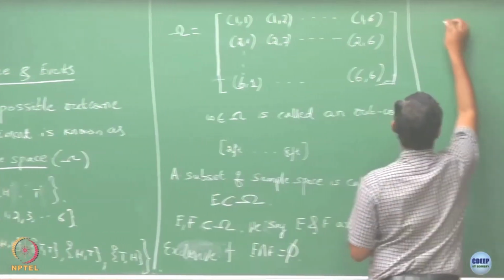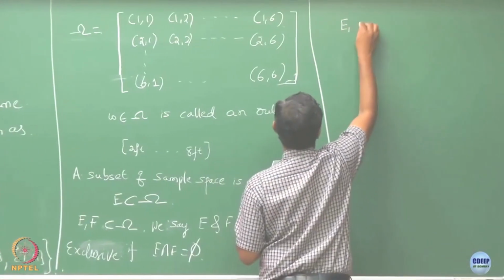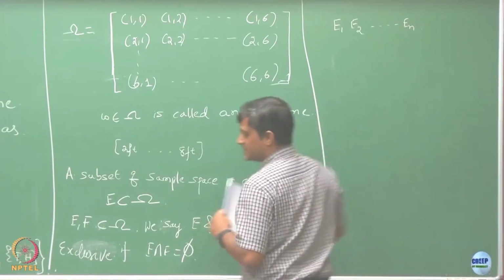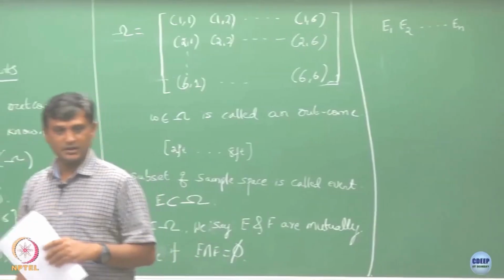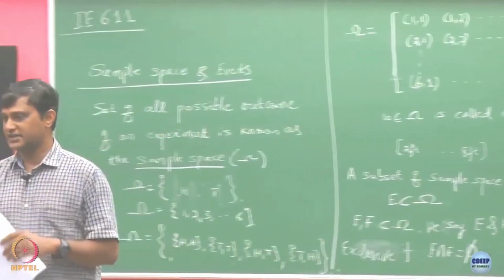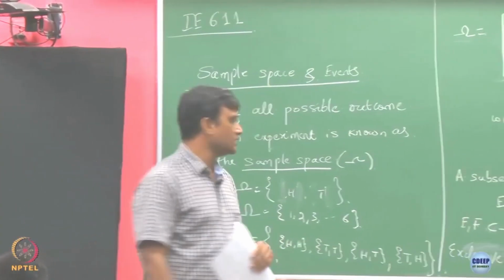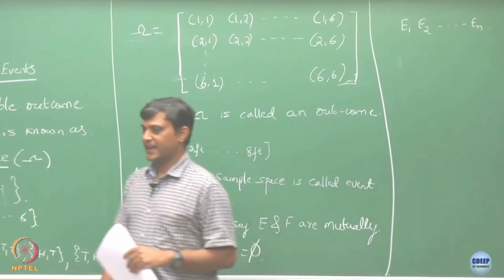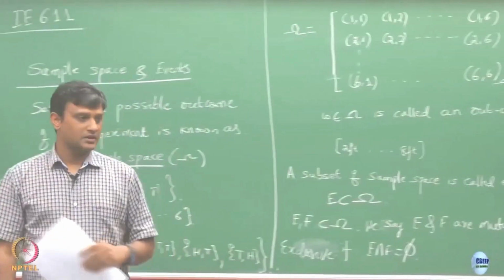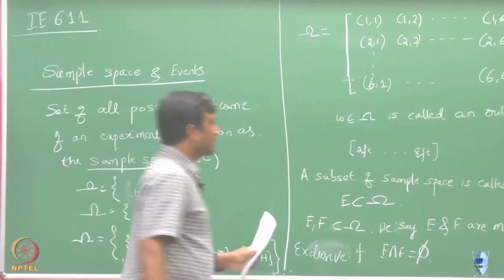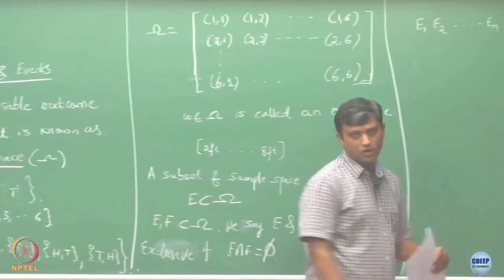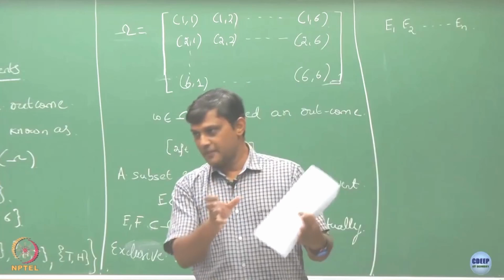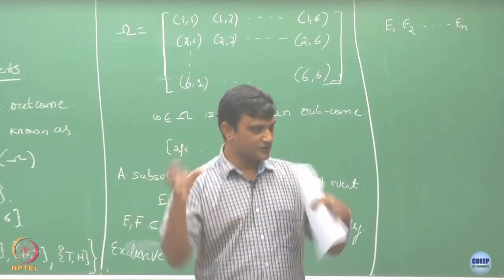Similarly, let us say we have E1, E2, up to En, a collection of events, all coming from the same sample space. We can talk about their unions, we can talk about their intersections, and we can talk about any combinatorial structure, that is, the union of some along with intersection with others.